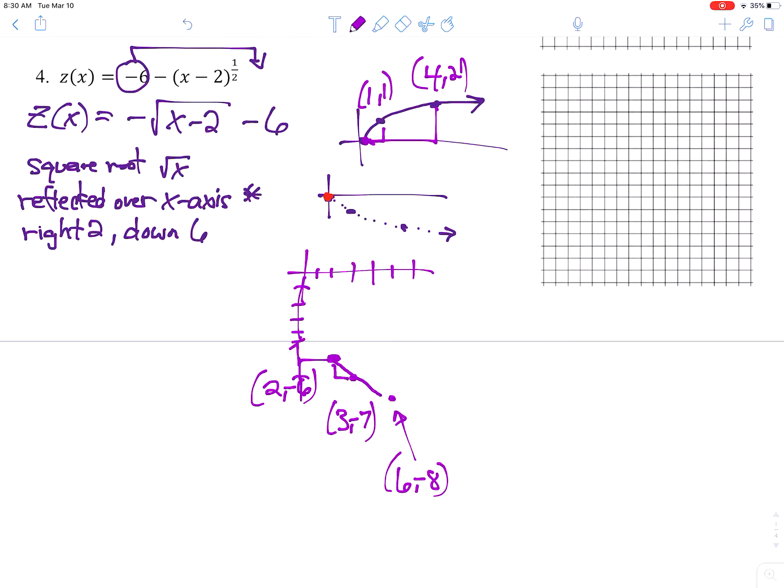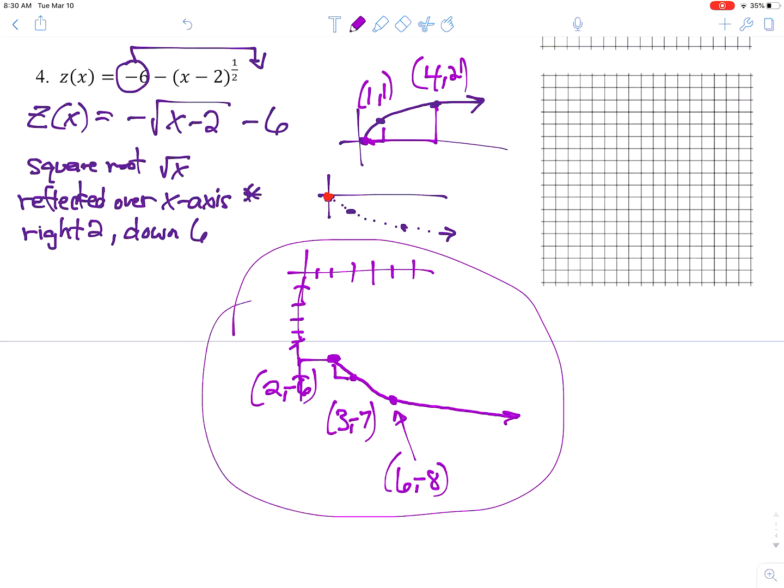So I have the pattern of this square root function. I've done a lot of work here before I even put it onto the official graph. I know now that I'm going to be working right in the 4th quadrant, so I'm going to set up my axes so that all I really see is the 4th quadrant.